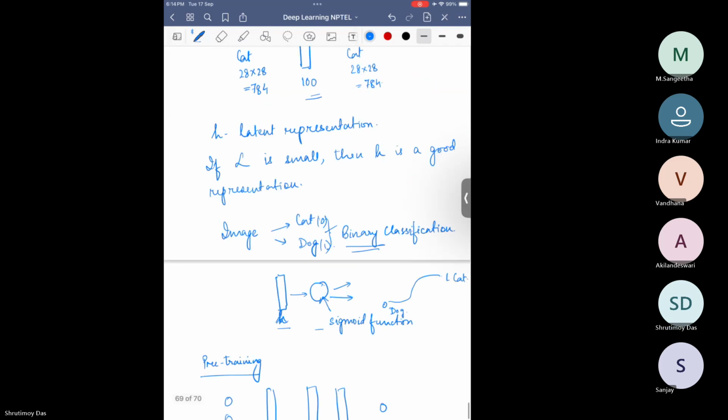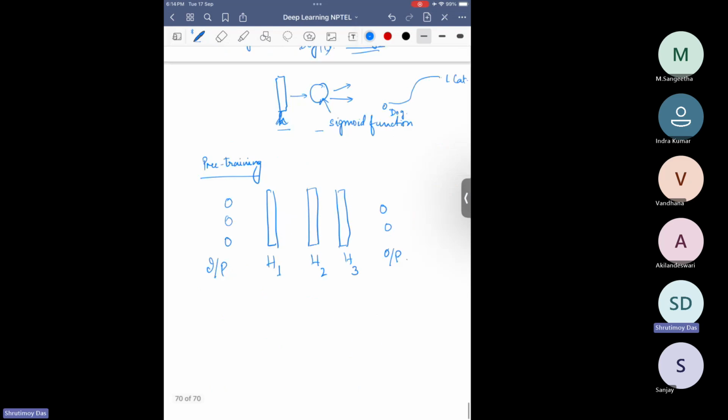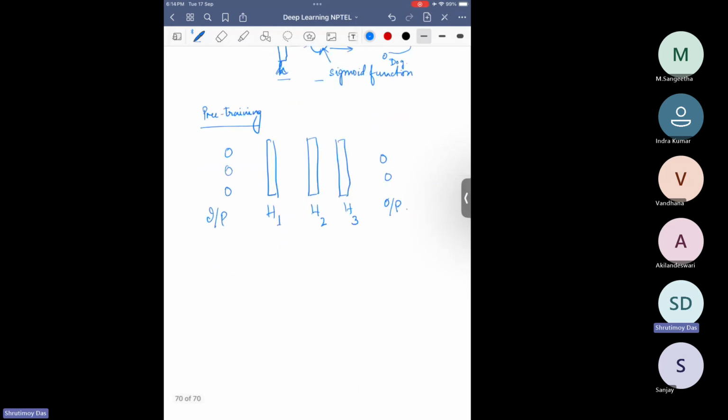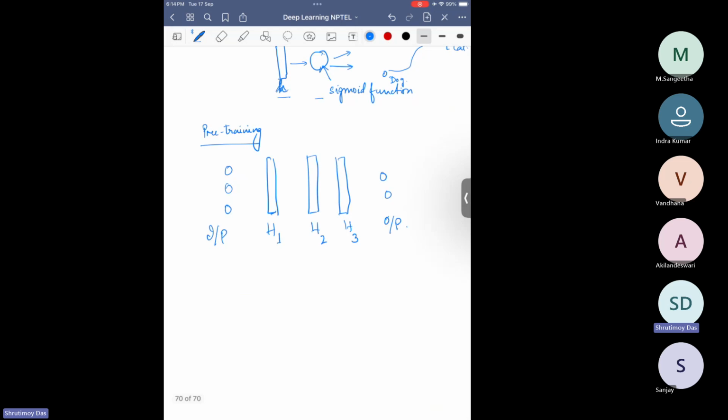And earlier, using the original input as a target, we were learning the best representation of the input. But now what people did was, we don't want to learn only the best representation of the input. We also want to learn the best representation of each of these, right?